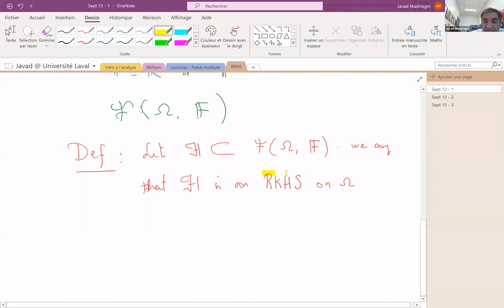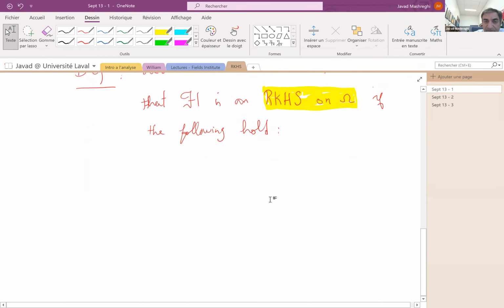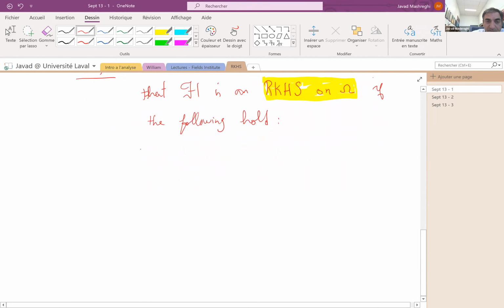So this is something I want to highlight. If the following properties hold, three axioms or three properties.